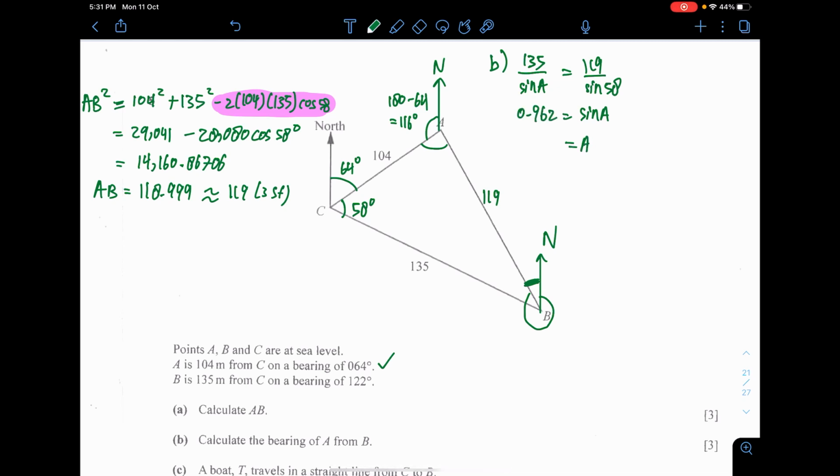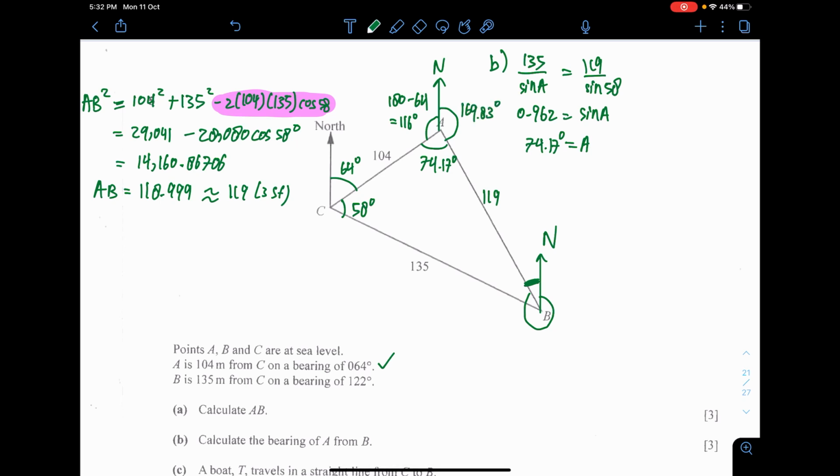Then if I do sine inverse, I'll get 74.17 degrees. A little bit too much, but it's okay. Now, thanks to that, I'll be able to find this angle here, the remaining one. You take 360 minus 116 minus the 74, and I'll get 169.83.